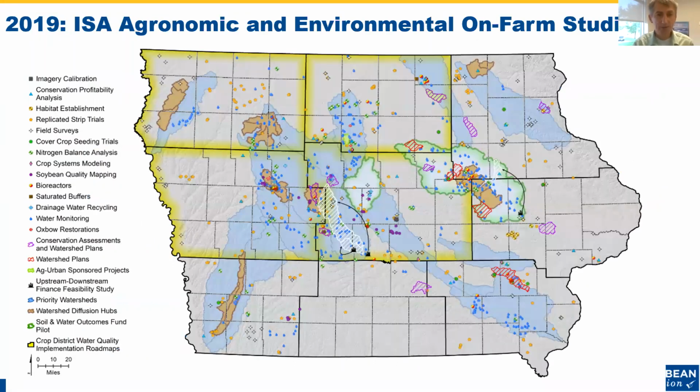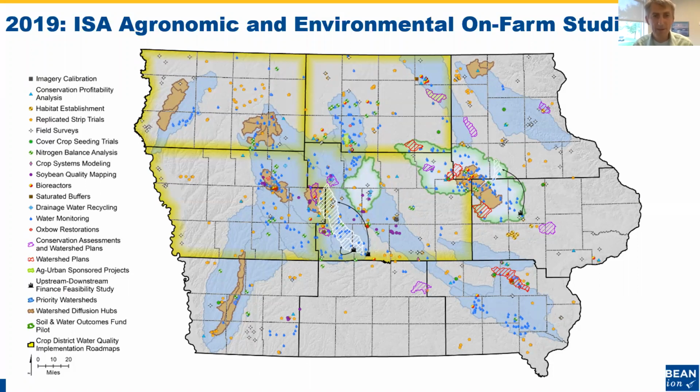So here with Iowa Soybean Association, we engage in different types of on-farm trials and different environmental studies. I've been with Iowa Soybean Association for the last 13 years; my title changed, but the mission is the same: how to advance collection and analysis of this data so farmers can use it for decision making.